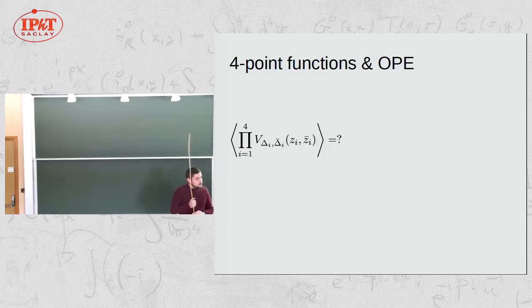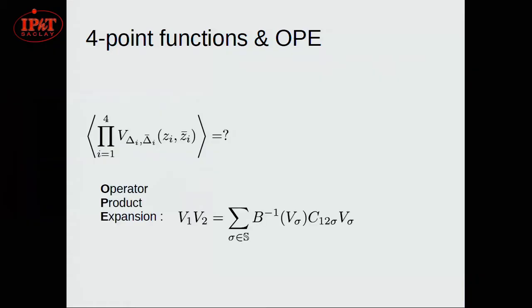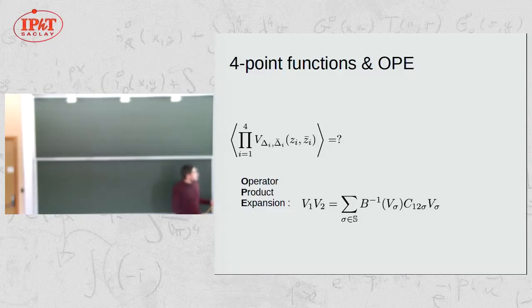So in order to compute this 4-point function, we'll resort to the operator product expansion of the theory, which means that whenever we have two fields inserted next to each other, then we can expand that product inside a correlation function as a sum over some spectrum S of fields belonging to that set, times some coefficients given by the 3-point structure constants and the normalization factor of the 2-point function.